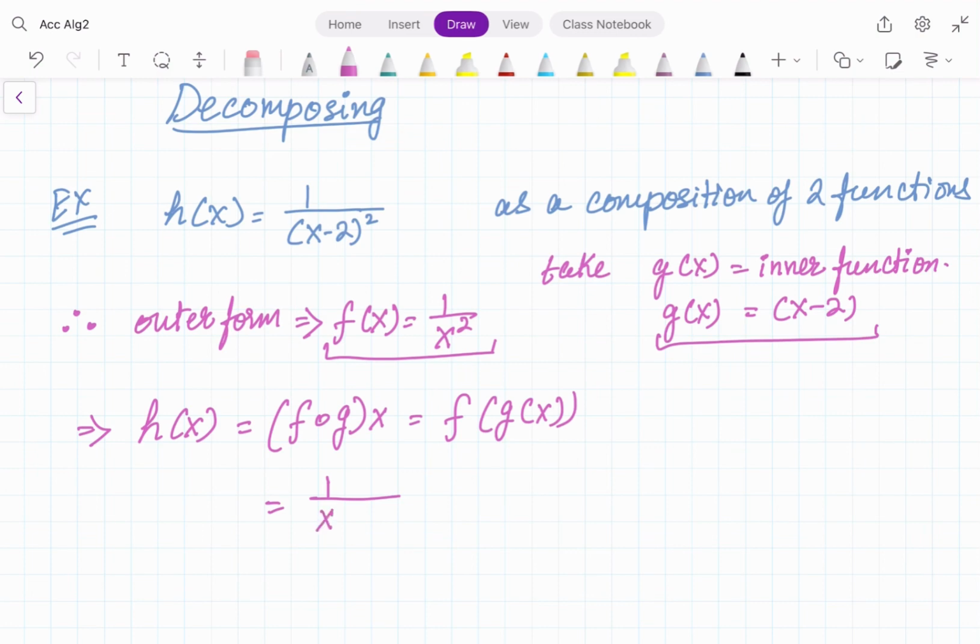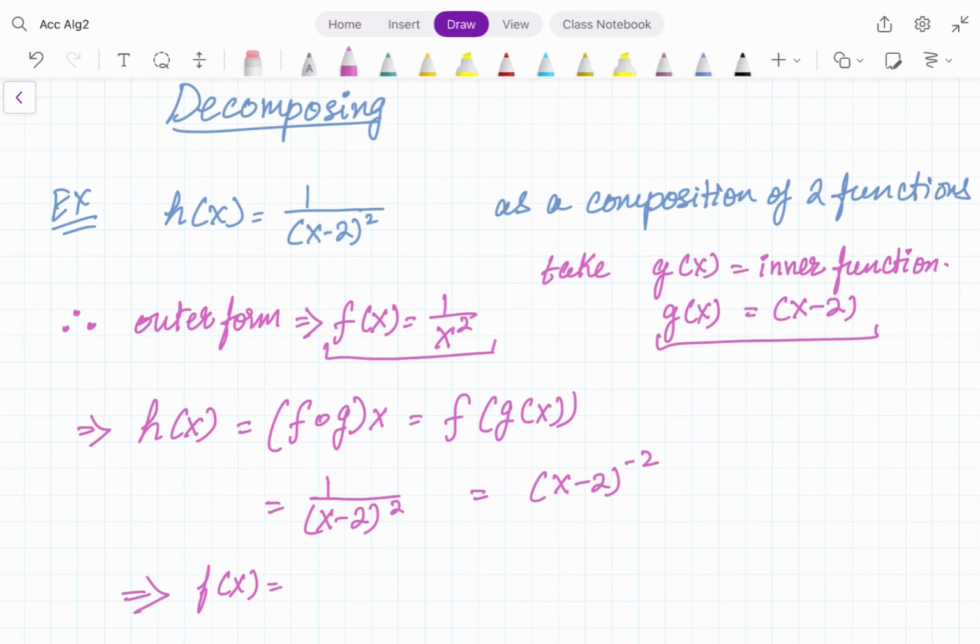That will give you 1 over x minus 2 whole squared, or you can rewrite it as x minus 2 everything to the power of negative 2. Right? And it works.